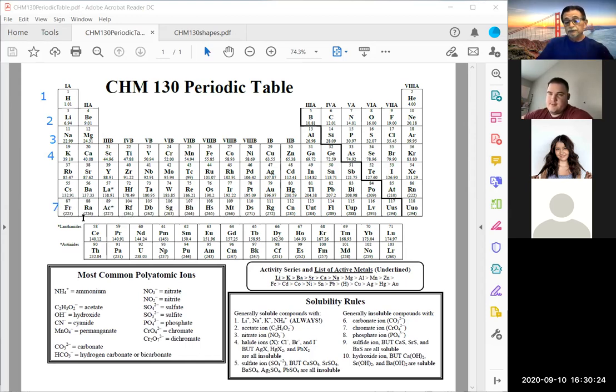Okay, those are 7 energy levels. We call those periods. The periodic table has 7 of them. Those represent energy levels in which the electrons of these elements exist. But more on that here in a bit.